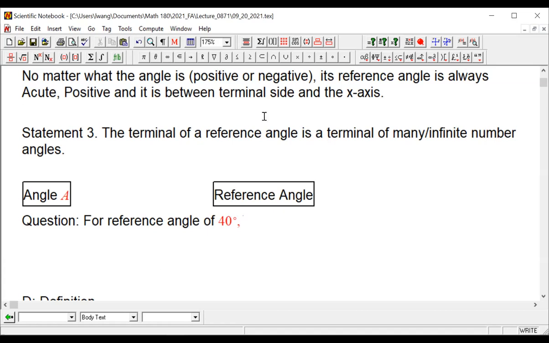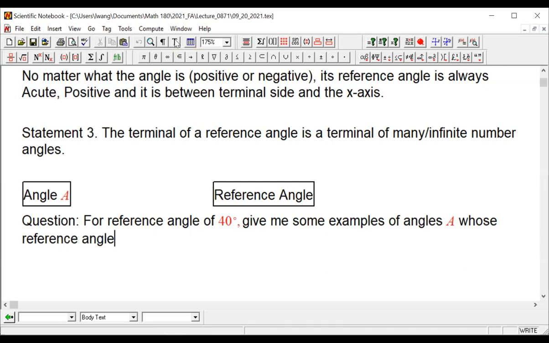Give me some examples of angles A whose reference angle is 40 degrees, from terminals in every quadrant.